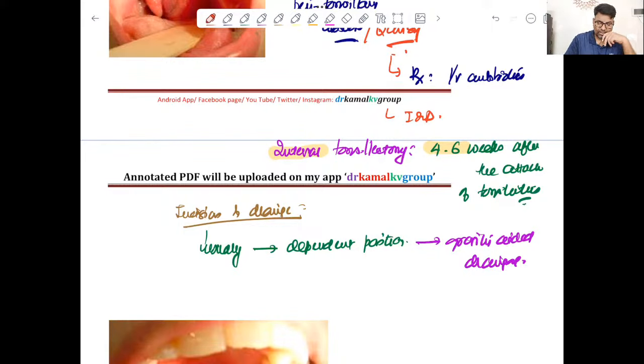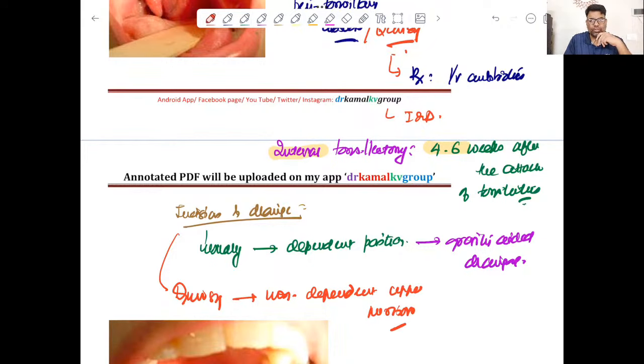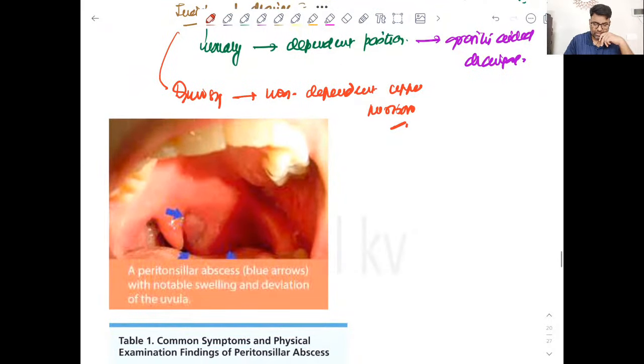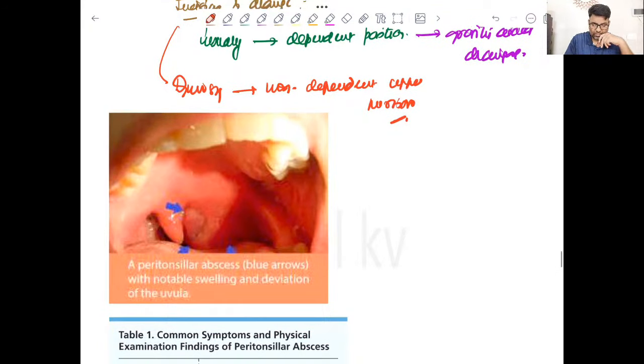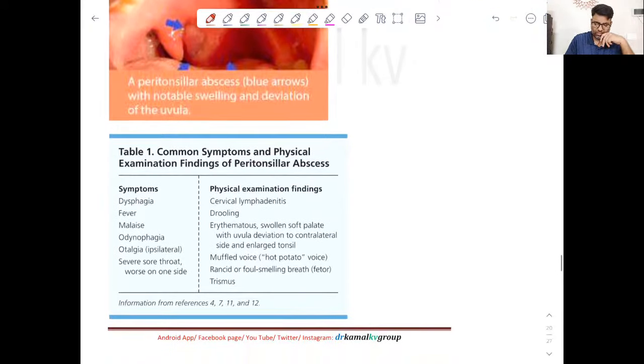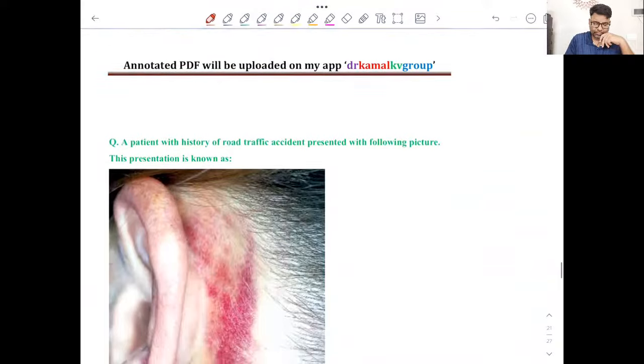But in quinsy, it is the non-dependent upper portion, clear? So that is very unique about this quinsy. Fine. So this we have already discussed.